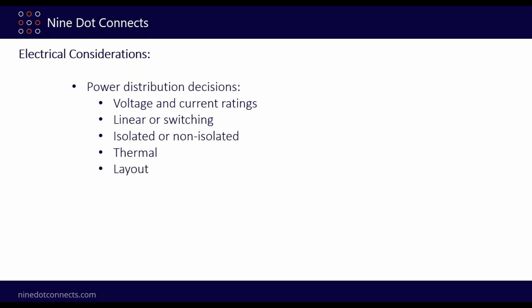And of course, layout is super important. I would say all DC-DC buck and boost regulators and all these kinds of regulators will have layout recommendations. Whether they're perfect or not, you can decide later, but that's very important.